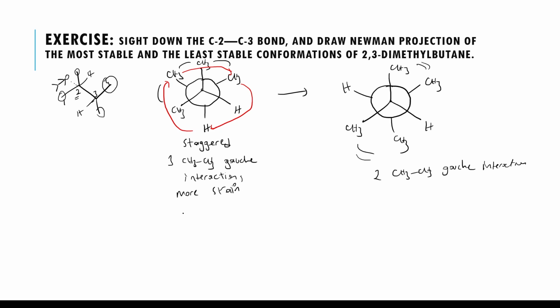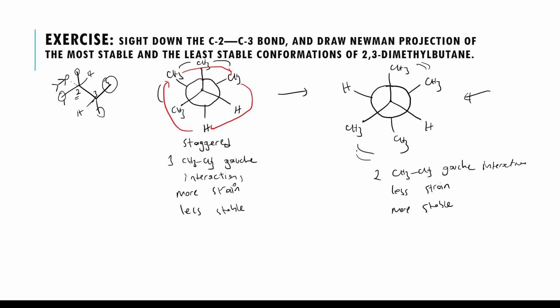For that reason, it is less stable as compared to the second staggered conformer. Let's write here, this has less strain, and for that reason it is more stable. So now we ended up with the most stable staggered conformer.